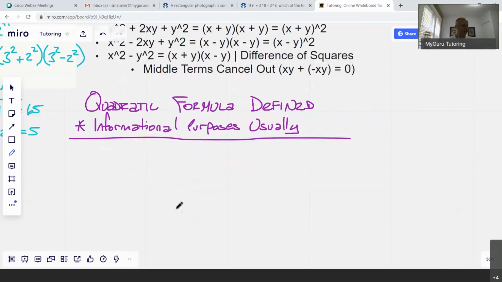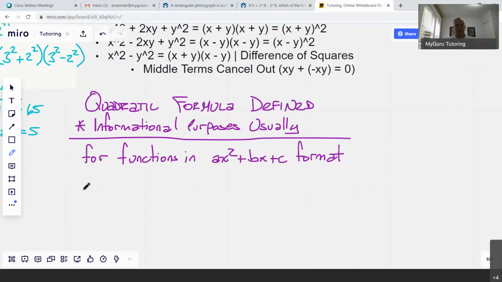But we know that the quadratic formula, your x value is, and well, first we've got to set it up for formulas or functions in the ax squared plus bx plus c format.